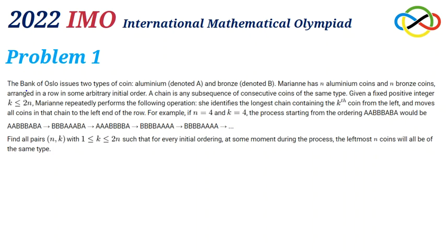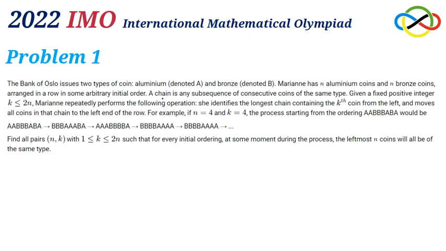Okay, problem one. The Bank of Oslo issues two types of coin: aluminium, denoted A, and bronze, denoted B. Marion has n aluminium coins and n bronze coins arranged in a row in some arbitrary initial order. A chain is any subsequence of consecutive coins of the same type.